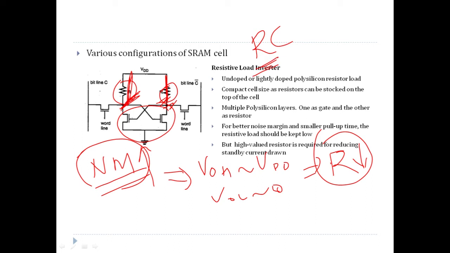So for a faster response, I'll write the speed. For better speed, your resistance value should be smaller. But then there is another criterion which is used for the assessment. If you remember, we have discussed these performance criteria, right? Access time. So this is the speed we are talking about.